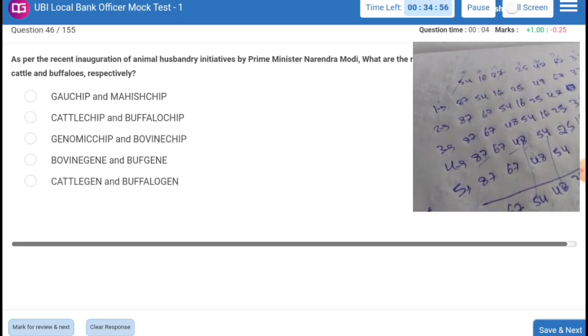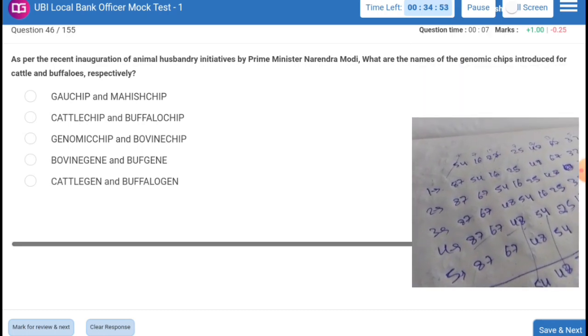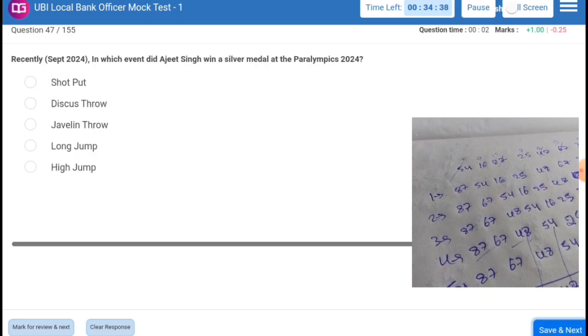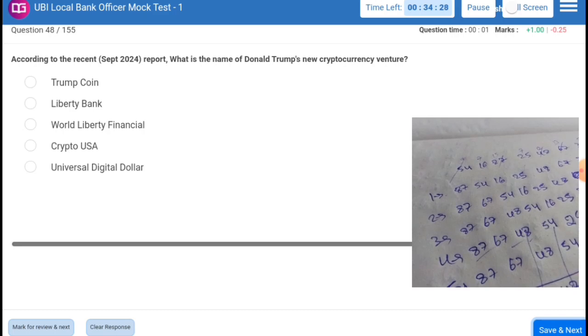Next, as per the recent inauguration of animal husbandry initiatives by Prime Minister Narendra Modi, what are the names of genomic chips introduced? Recently, September 20, in which event did Ajit Singh win a silver medal in Paralympics? According to the recent report, new cryptocurrency venture.